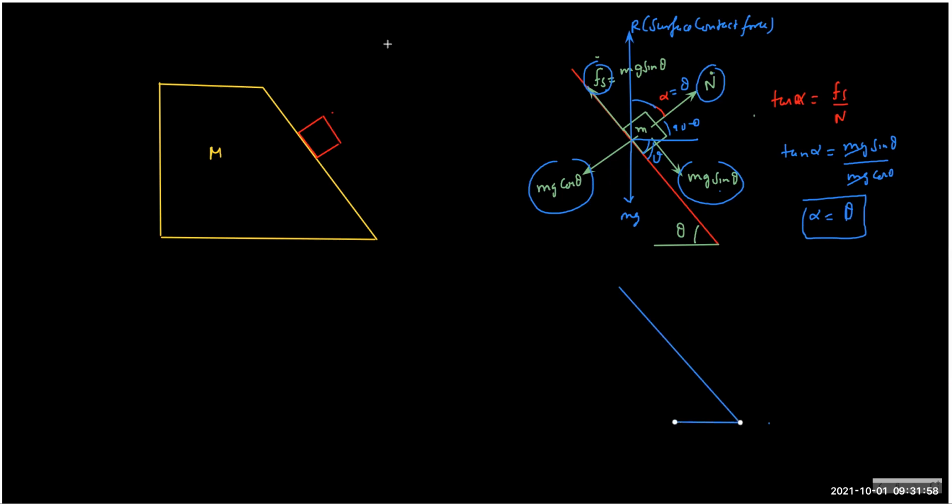Try to understand this part, this part is even more important. Imagine that the block is going down. What does it mean? Which force is dominating? Mg sin theta. So mg sin theta is the bigger force, Fs is the small force. But the normal will remain the same, it will remain mg cos theta only, right? On the block.